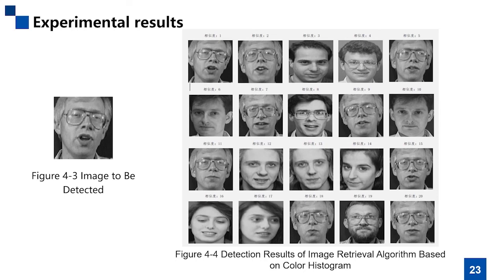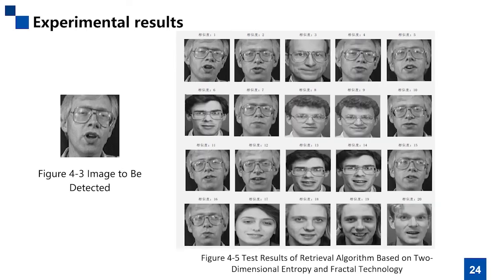The retrieval image is shown in figure 4-3, and the test results are shown in figures 4-4 and 4-5. It is obvious from the figures that the algorithm in this paper can retrieve similar images faster and more accurately than the color histogram method.